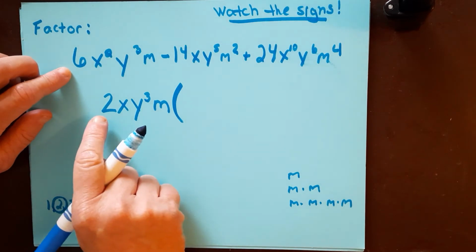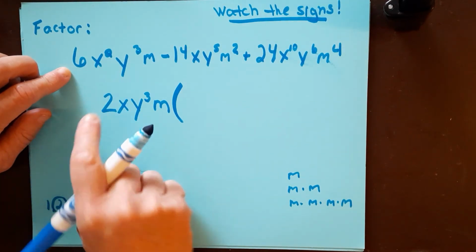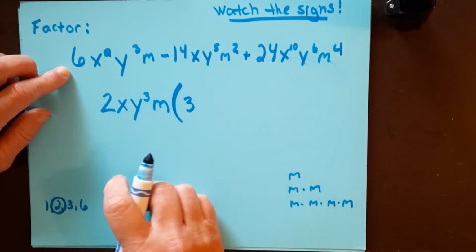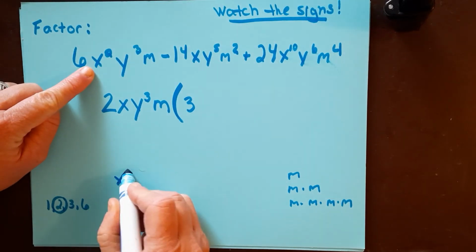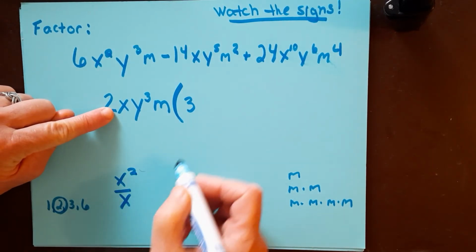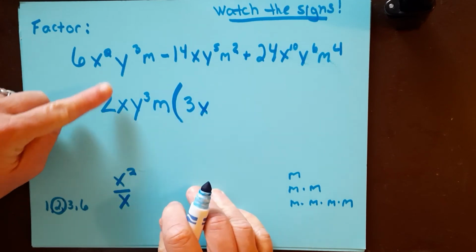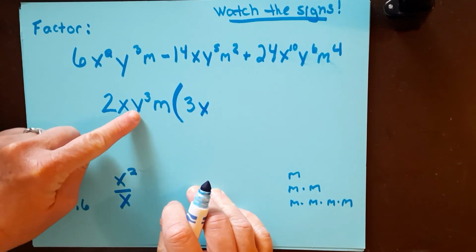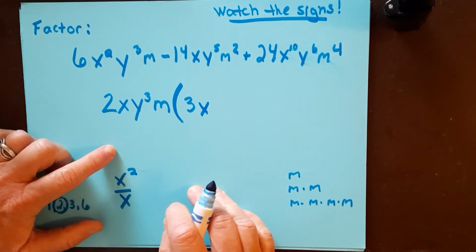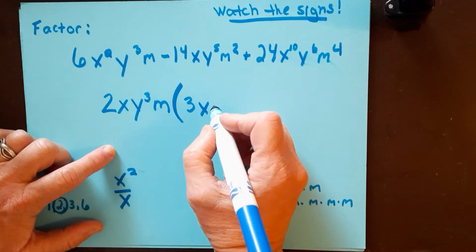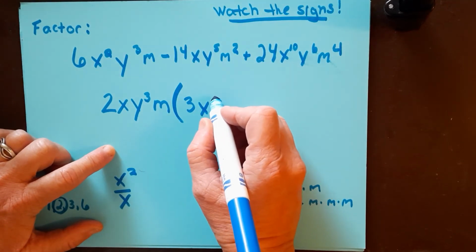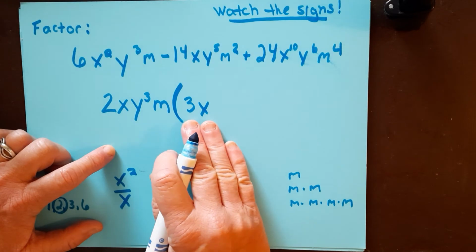So 6 divided by 2 leaves 3. X squared divided by x leaves just x. Y cubed divided by y cubed is just 1. So since they're being multiplied, we can just not worry about the 1.